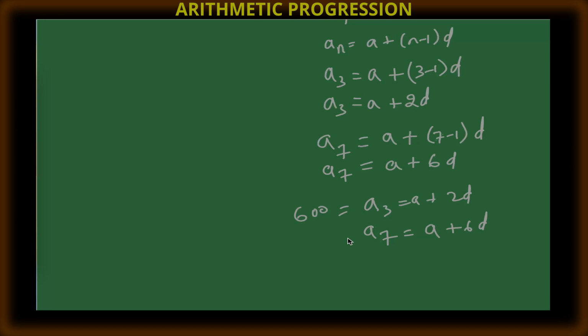So let me put it like this: a plus 2d is equal to 600, a plus 6d is equal to 700.